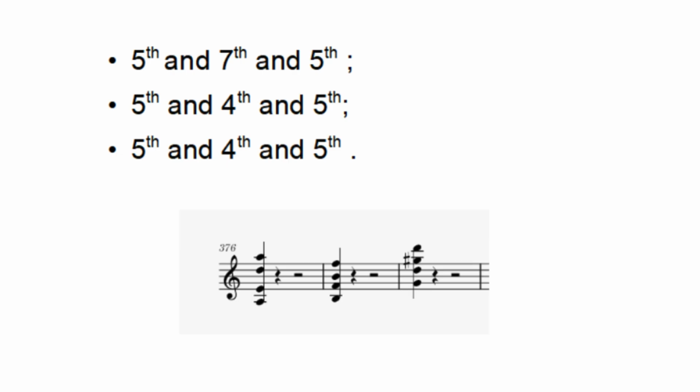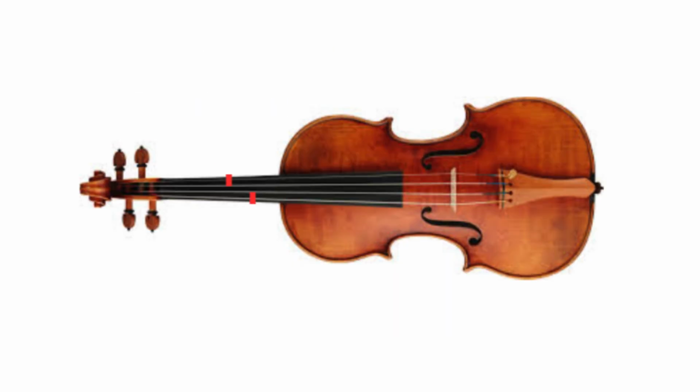A side note, I never really determined if it's possible to do a fifth surrounding some other interval, like a fifth, a seventh, a fifth, or a fifth, a sixth, a fifth, and stuff like that, where the fifth is around other intervals, because that would need to be done with two fingers, and they would have to be placed around the place where that red line is placed on the strings.